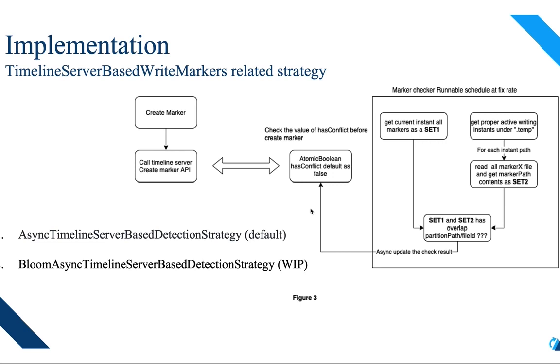For example, writer 1 reads writer 2's marker 0 file, but at this moment, writer 2 is overwriting this marker 0 file. Finally, we get an empty result after writer 1 reads writer 2's marker 0.